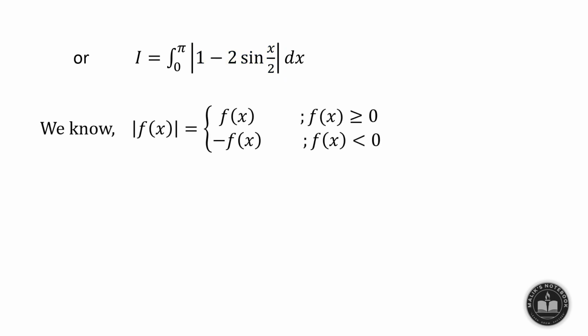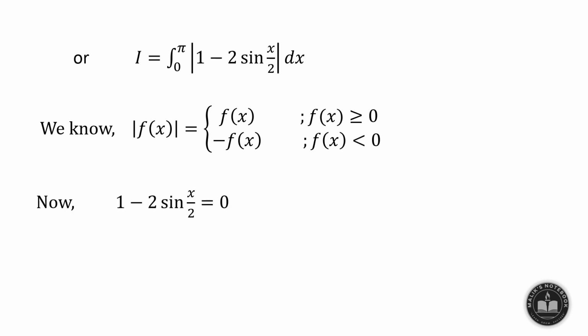So for any function f of x, its modulus is equal to f of x whenever the function is greater than 0. There's no change. But whenever the function is less than 0, we have to multiply it by the negative sign so that it remains positive. That's the meaning of absolute value of a function.